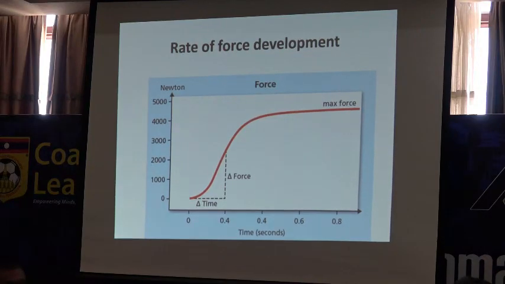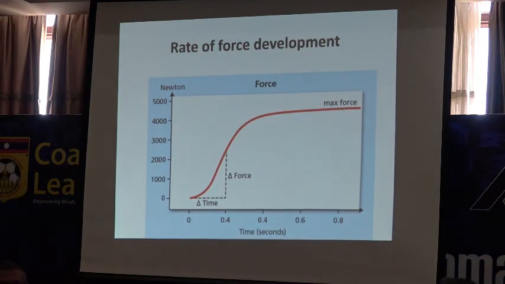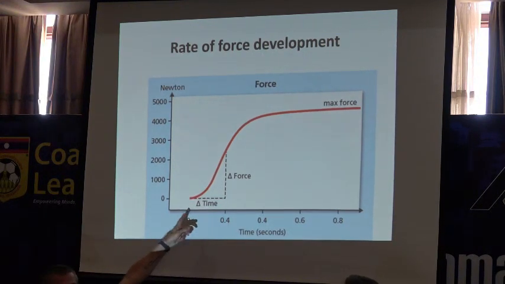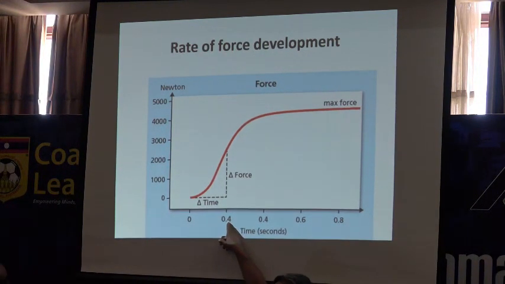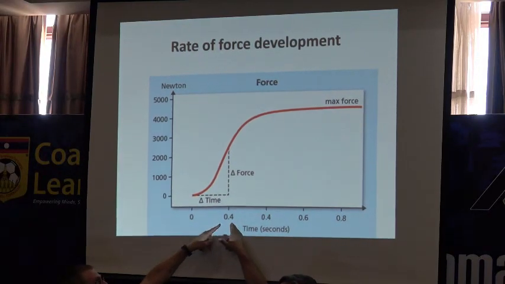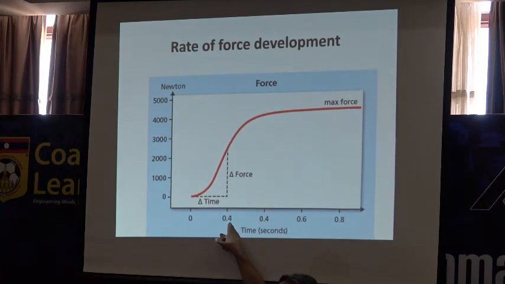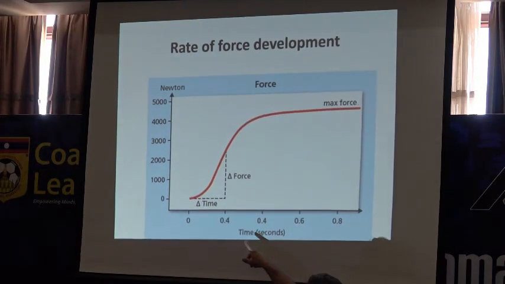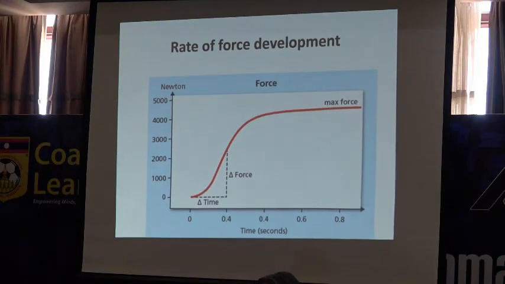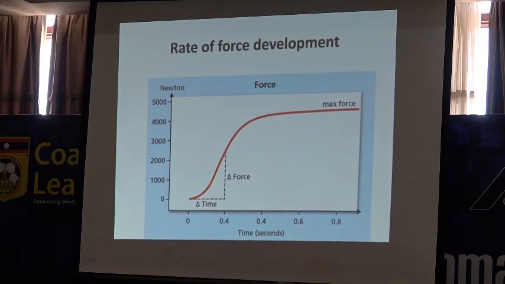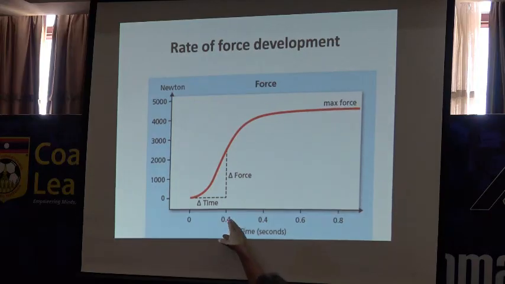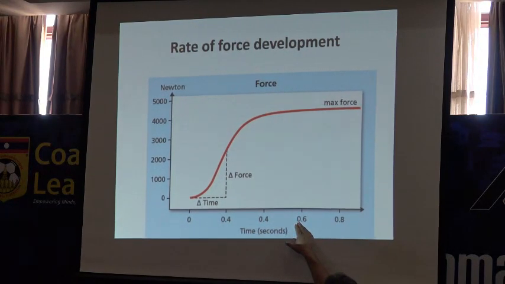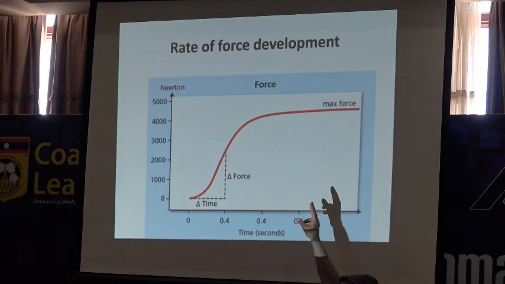There's a mistake, this should be 0.2, not 0.4. Sorry about this. So this is time, in seconds. When we start a contraction, when we do a movement, we have to use maybe around half a second, maybe 0.6 seconds to get up to max force.